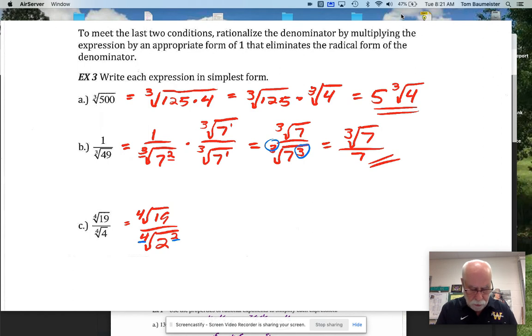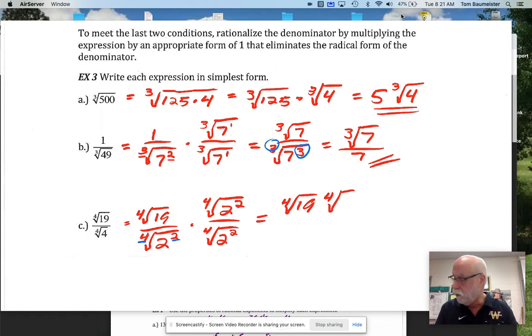So I have to multiply the top and the bottom by the 4th root of 2 squared. Okay? So let me go ahead and write that again. So now I have the 4th root of 19 times the 4th root of 2 squared, or 4, and on the bottom, I have the 4th root of 2 to the 4th.